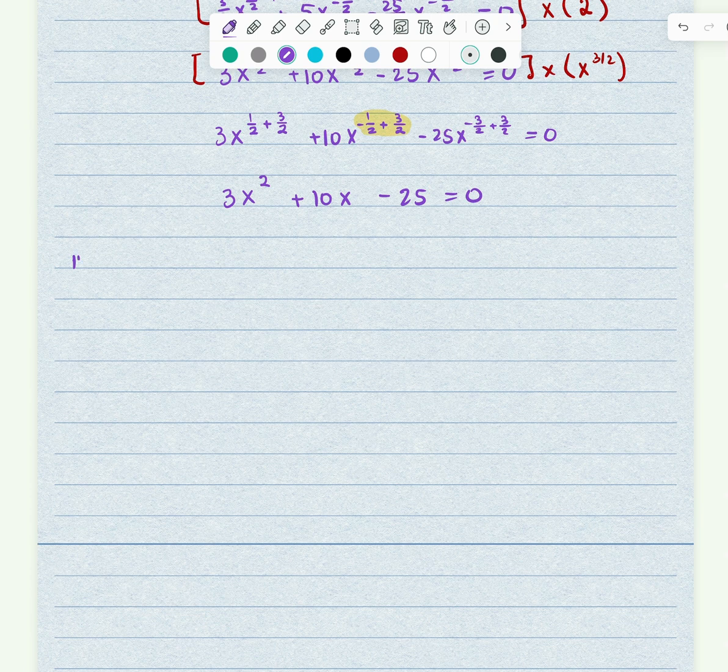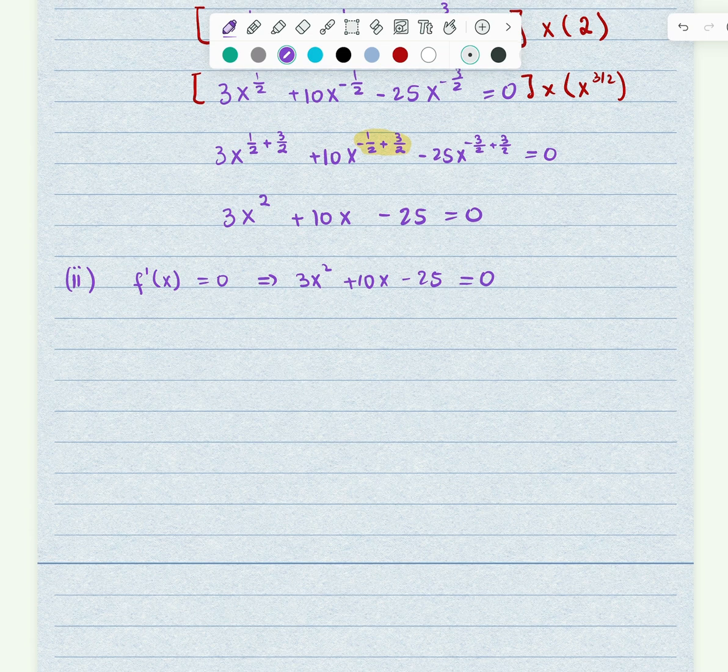This is the second part, where I now know f dash of x equals 0 is the same as 3x squared plus 10x minus 25 equals 0. So what I need to do is show this has a root.